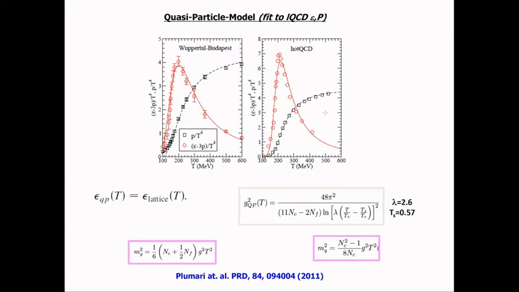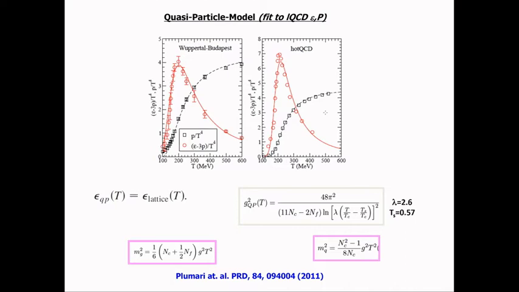By fitting the lattice QCD energy density and pressure, we are enforcing that the energy density within our quasi-particle model is equal to the energy density of lattice QCD. Then we fit the coupling constant as noted here, and here are the gluon and light quark masses in terms of the coupling constant.